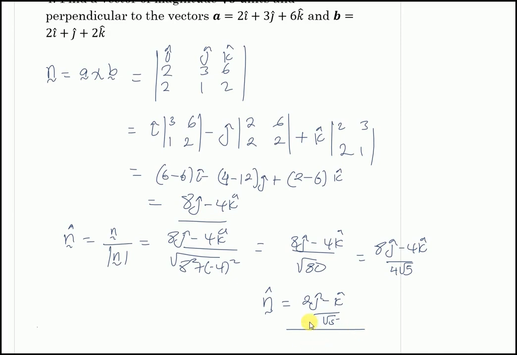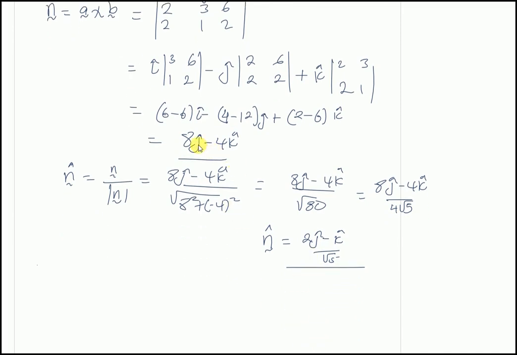This is a unit vector which is parallel to this vector n, and every vector which is parallel to n is perpendicular to the other two vectors. So I want to get a vector which has a magnitude of root 5. So we shall multiply this vector by root 5, because once you multiply a number by a unit vector, the resulting vector has the magnitude of that number.